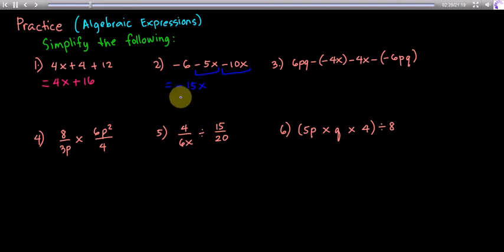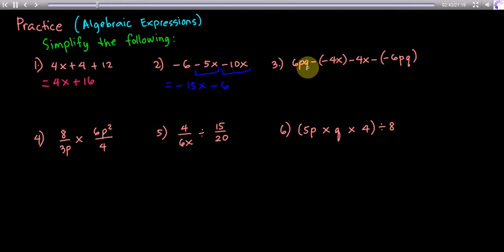By the way, we need to write first those with variables, then those without, the numbers alone. The negative 6 is only a number here, so we just write negative 6, and that's it.